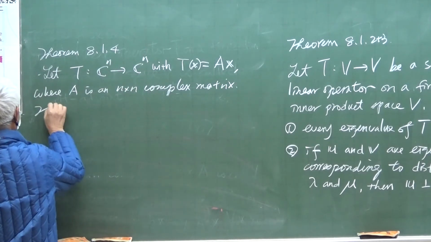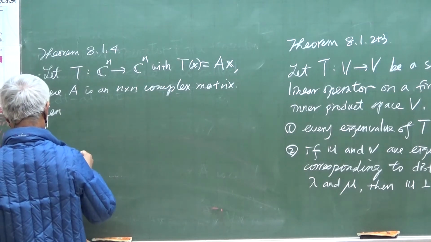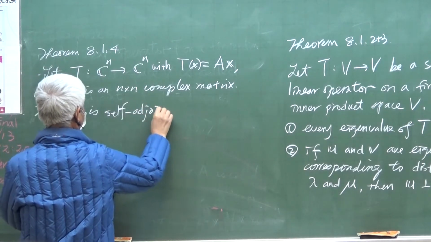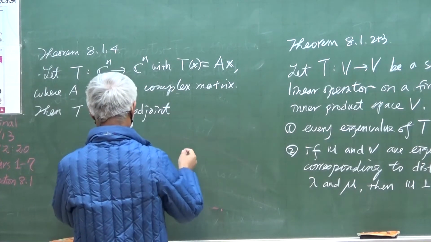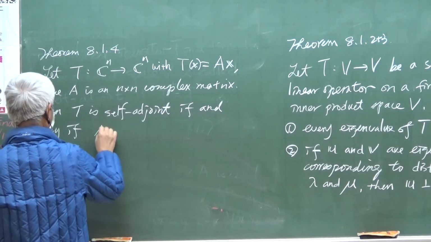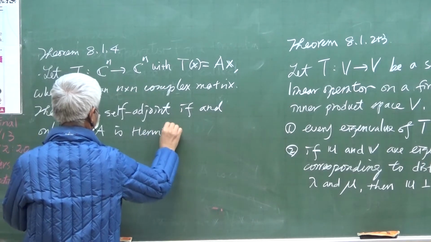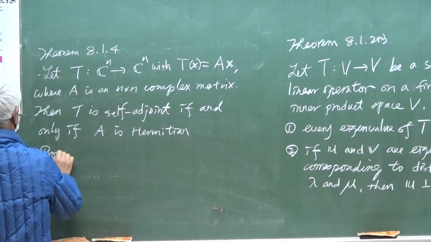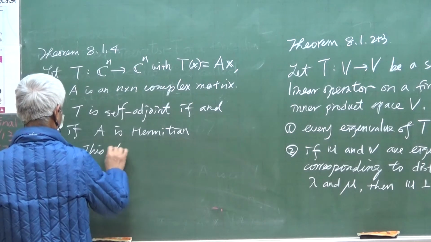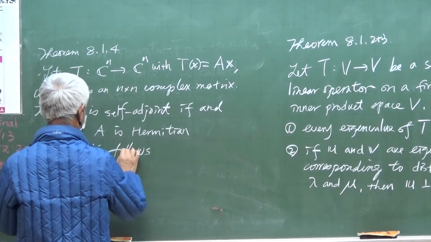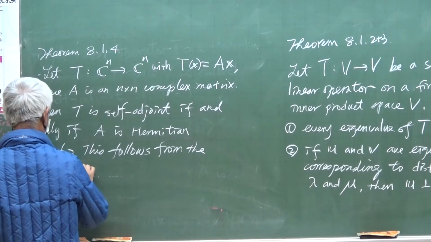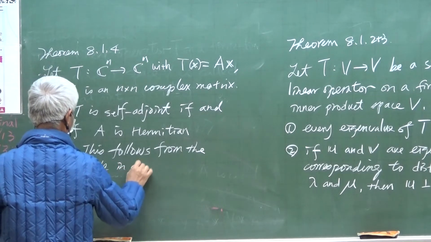Then P is self-adjoint if and only if A is Hermitian. And the proof is that this follows from the example above.